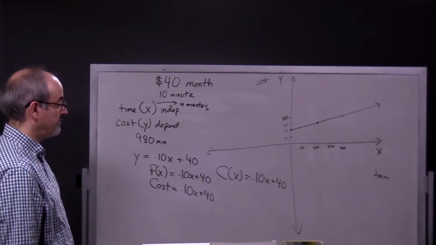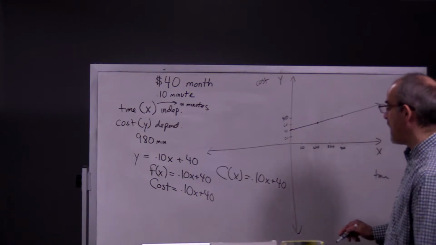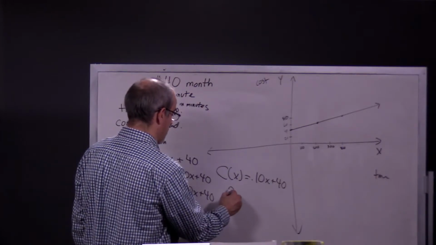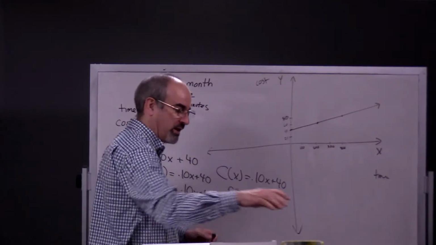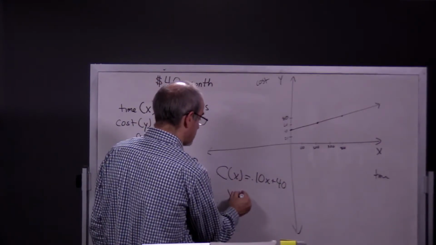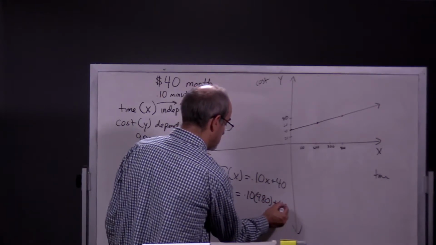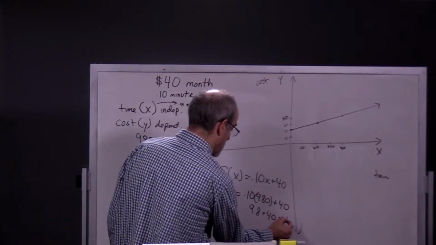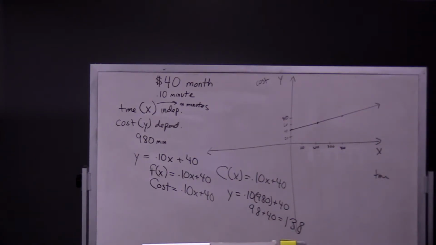If I want to know how much the phone bill will be if I talk for 980 minutes, I plug in 980 for x. I want to talk about evaluating things separately. It will cost $138 if I talk for 980 minutes.